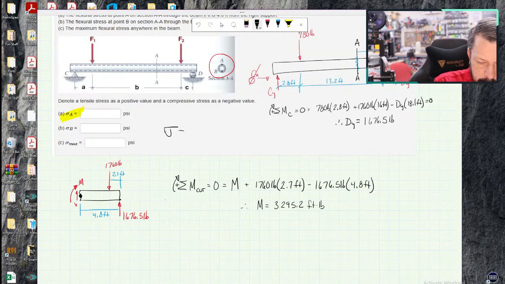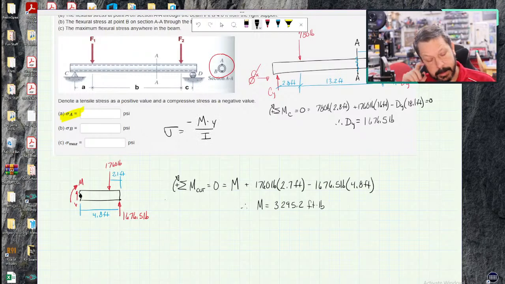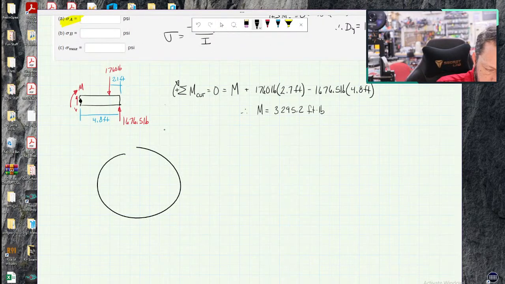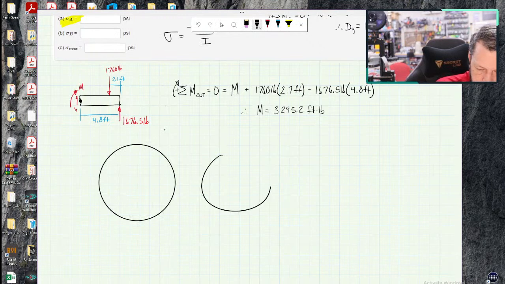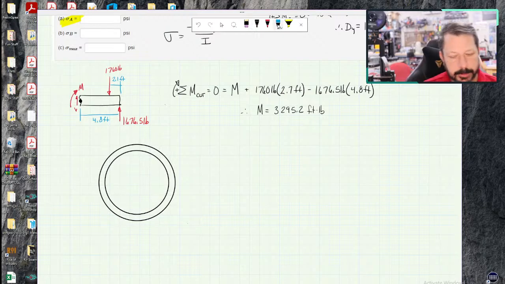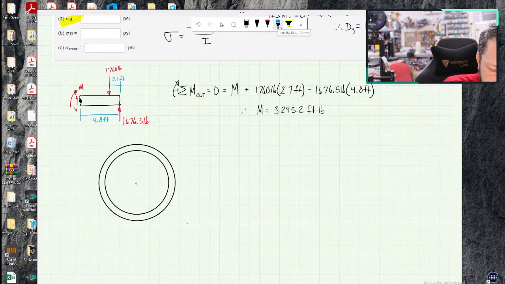So flexural stress, sigma equals negative M times y over I. So I just found M at section AA. Now I need y and I. Y, if we blow up our cross section here a little bit, so there's our cross section. This one is also symmetric, so we know that the neutral axis just goes right through the center of it.